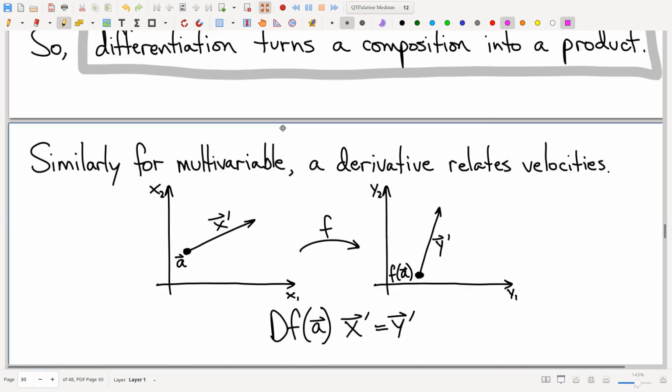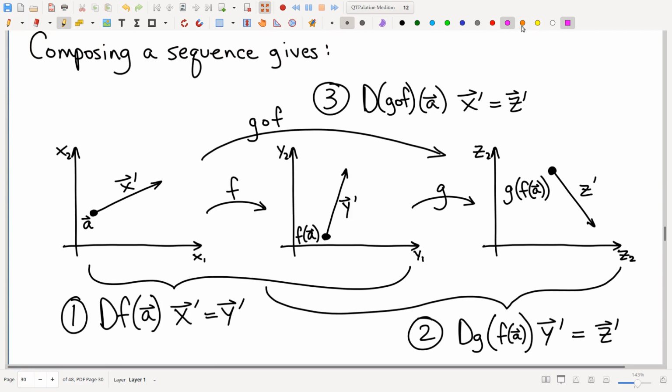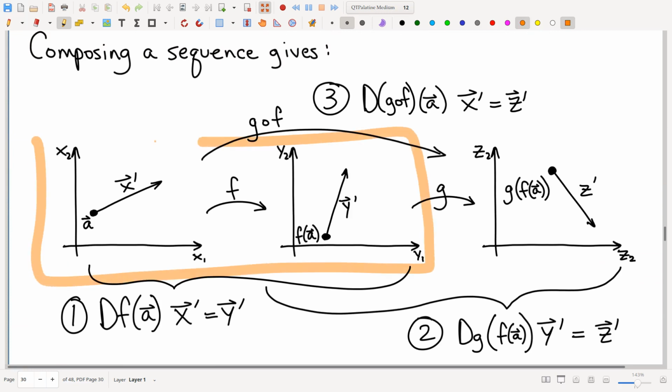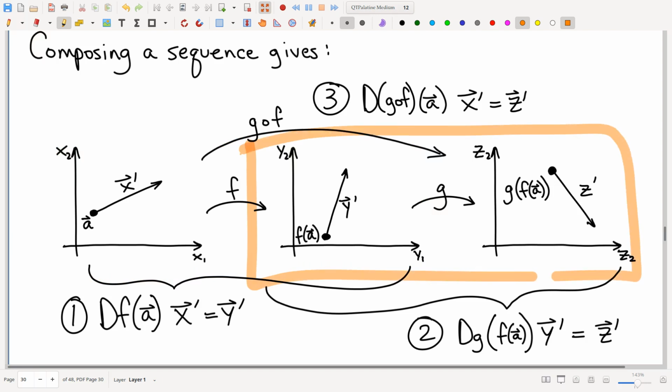That's exactly what we're going to do here. Here I have a composition of one vector-valued multivariable function with another.